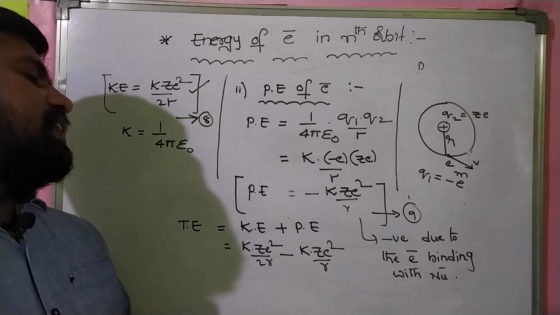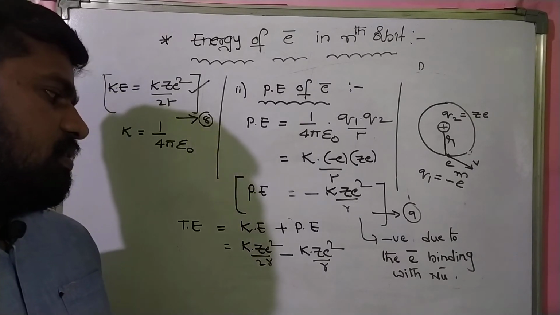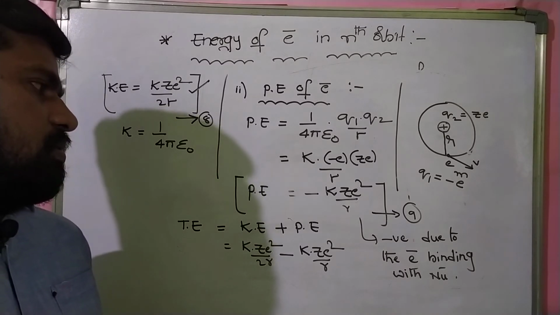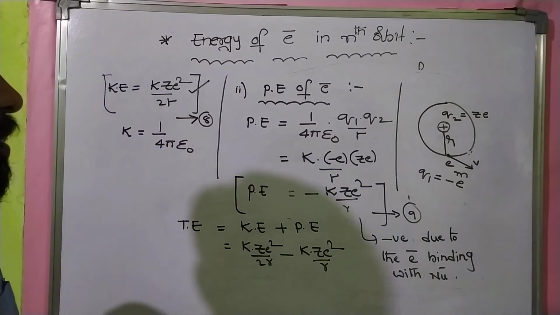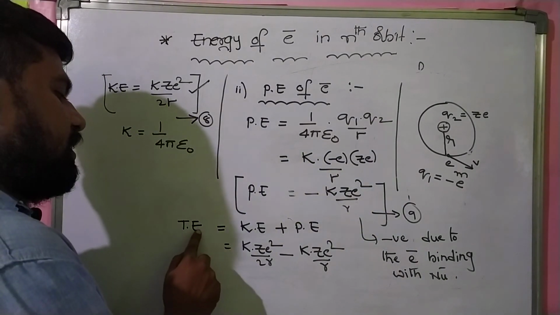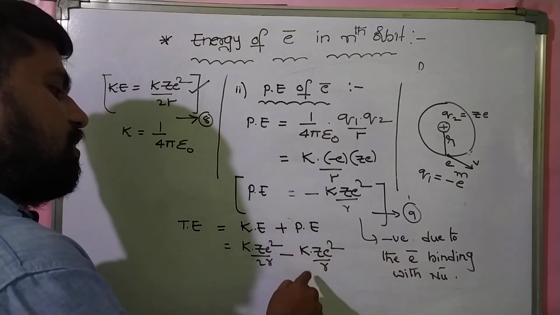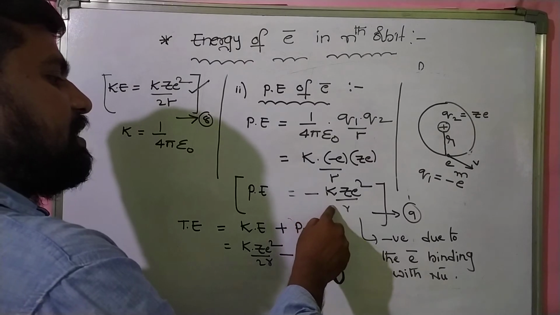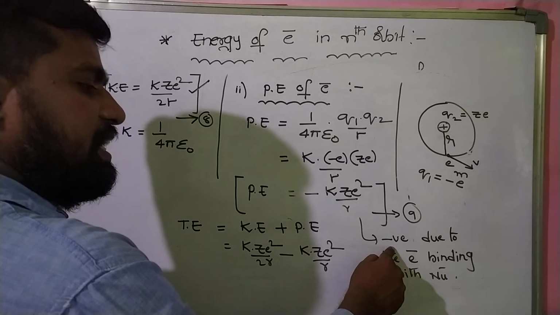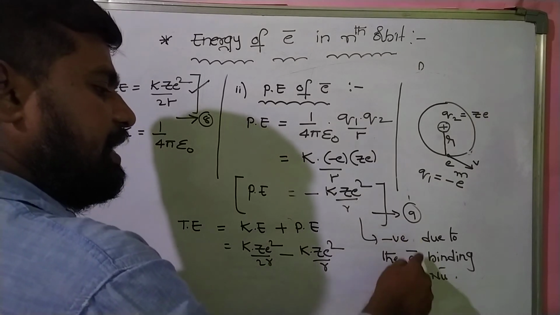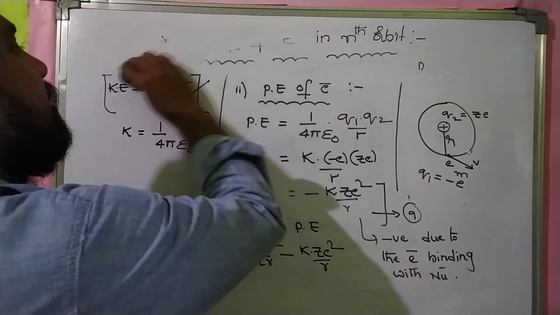I think everybody understands. Total energy of the electron equals kinetic energy plus potential energy. Here potential energy is always negative because the electron is itself a negatively charged species and is bound with the nucleus, hence it is negative.